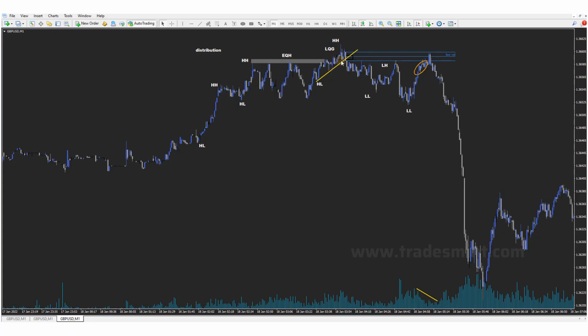The last very shiny demand in this case was broken, and we are looking for which candle broke the structure and broke the last push to the upside, and it was this one candle. So we need to be sure that the lower low is made and that really price is distributed right now.